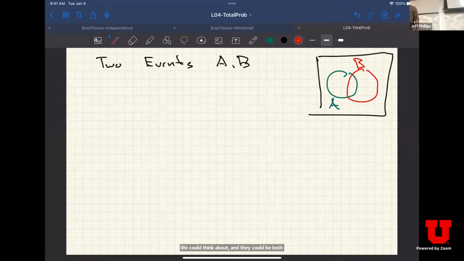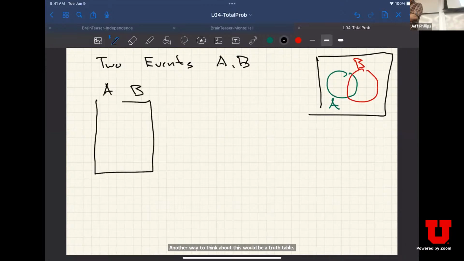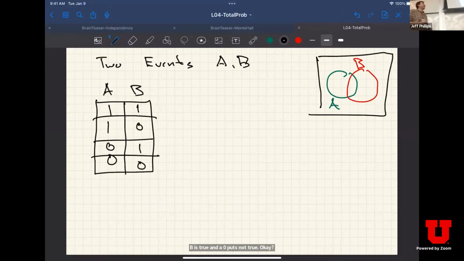The Venn diagram. Another way to think about this would be a truth table. We could have A and B, and so we could put a 1 if A is true, and a 0 if it's not true, and a 1 if B is true, and a 0 if it's not true. Okay, and there are only 4 possible outcomes, right? Either A is true and B is true, which is the first row, or the second row is A is true, but B is not true.